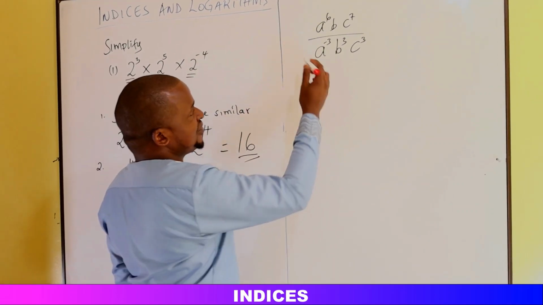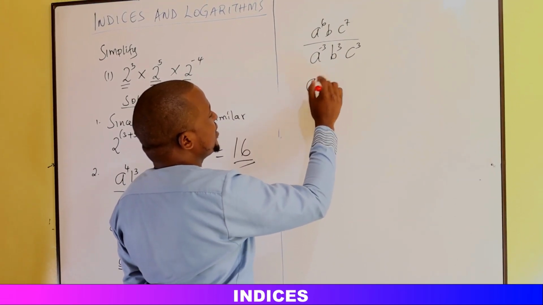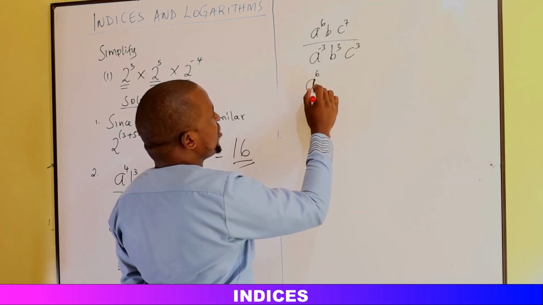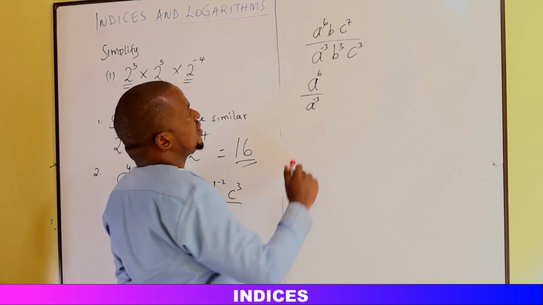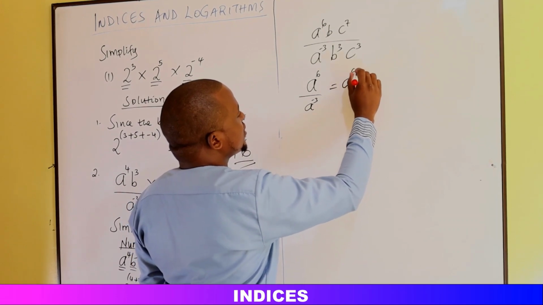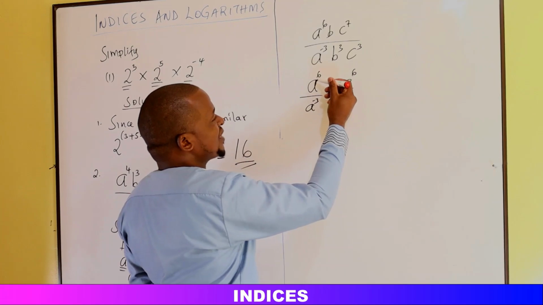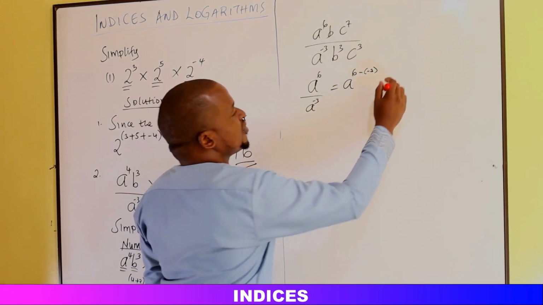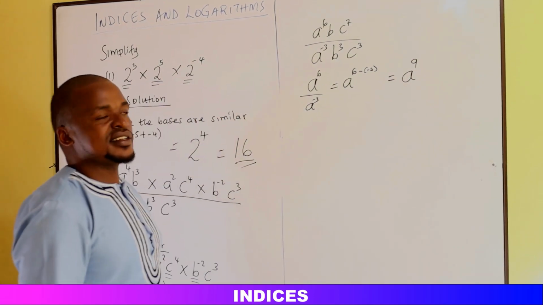Since we are dividing, we're going to have a raised to power 6 over a raised to power negative 3, which is the difference of two powers, so you subtract the powers, 6 minus negative 3, which will be a raised to power 9.